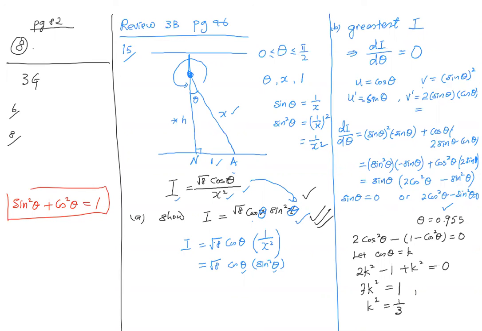So k is equal to 1 over root 3. So your cos theta is equal to 1 over root 3. So your theta will be, you just put into your calculator cos inverse 1 over root 3. You try, see whether you get the same answer or not.